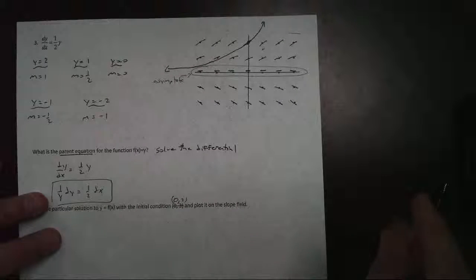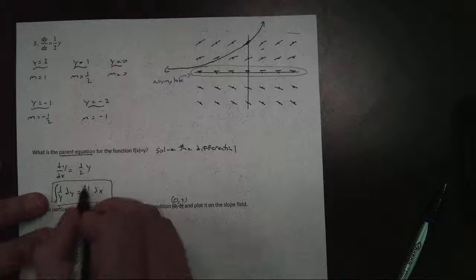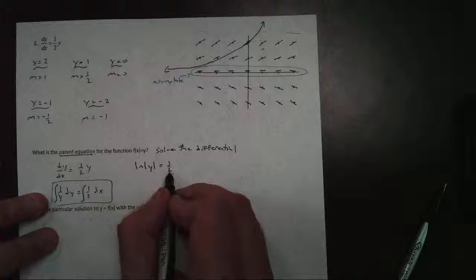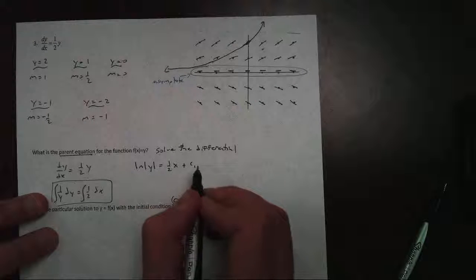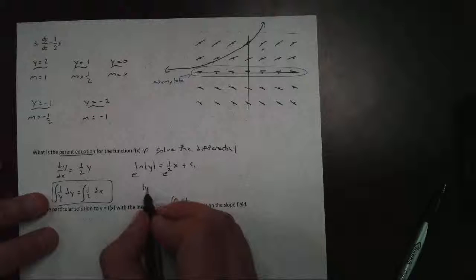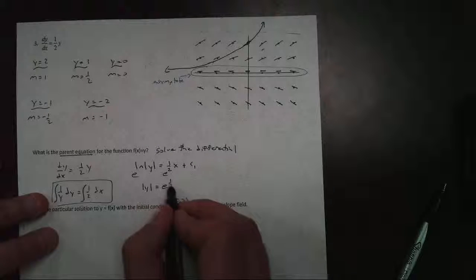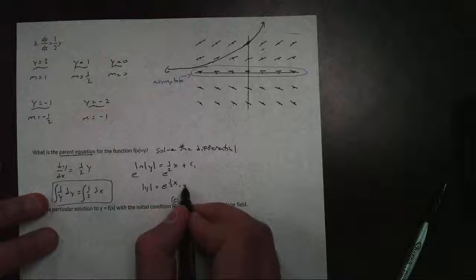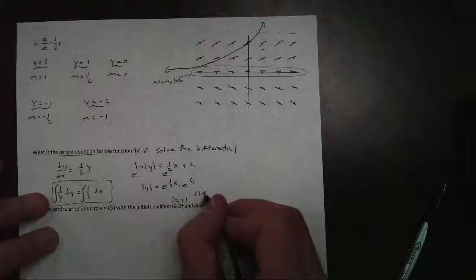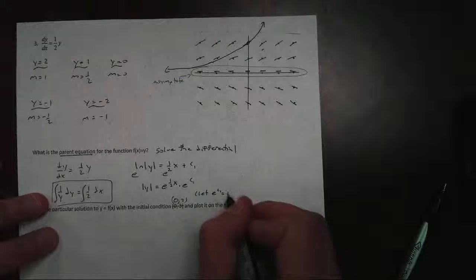Then we integrate both sides. We get the natural log of the absolute value of y equals 1/2 x plus c1. Exponentiate both sides: the absolute value of y equals e to the 1/2 x times e to the c1. Remember, we can rewrite that like that. And now we're going to let e to the c1 equal c2.